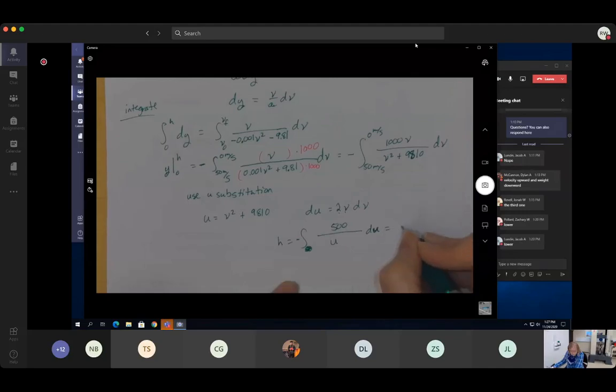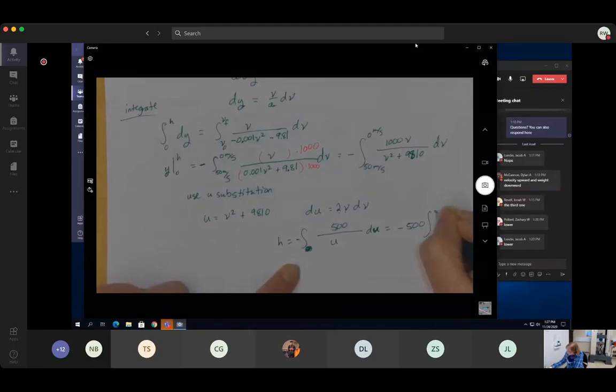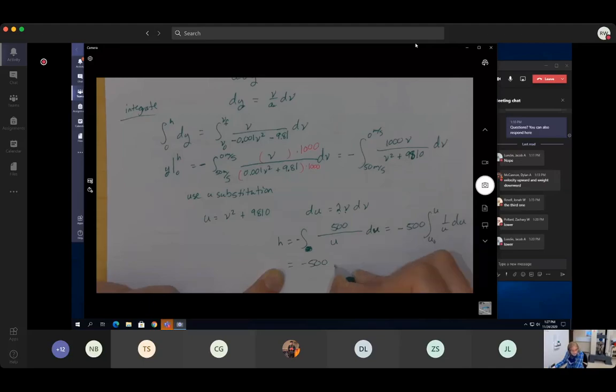And so we can take the 500 out of the integral, integrate from u naught to u, 1 over u du. And so that'll give us 500 ln, natural log of u, evaluated from u naught to u.